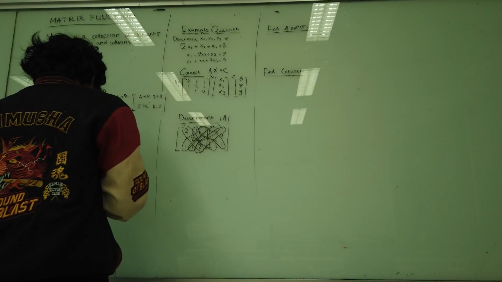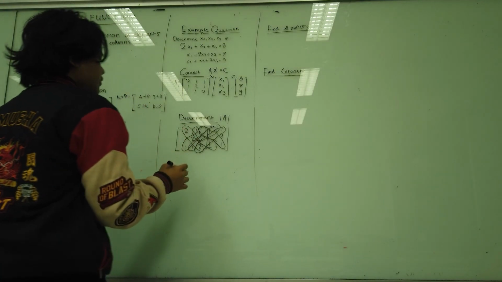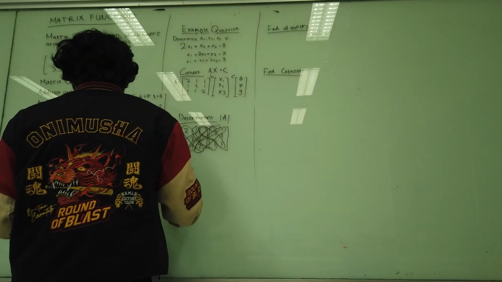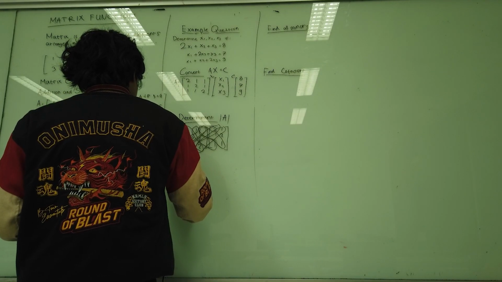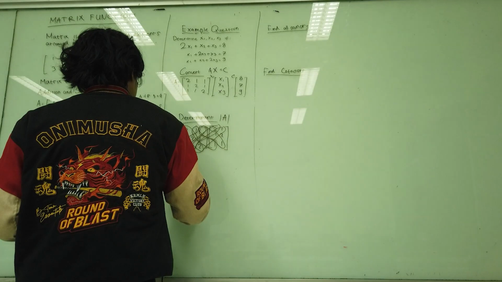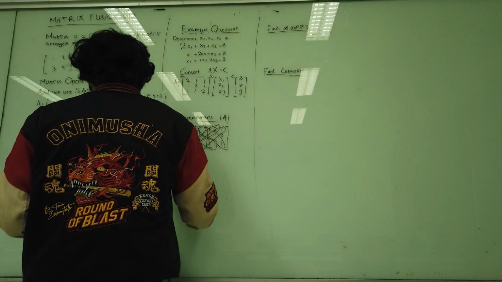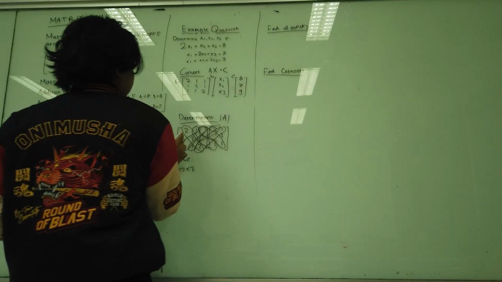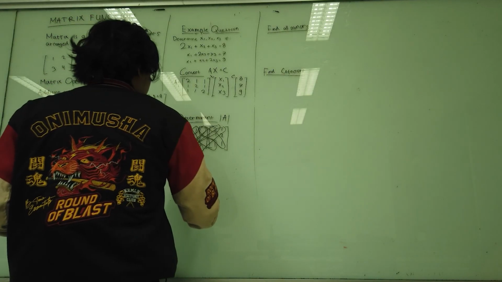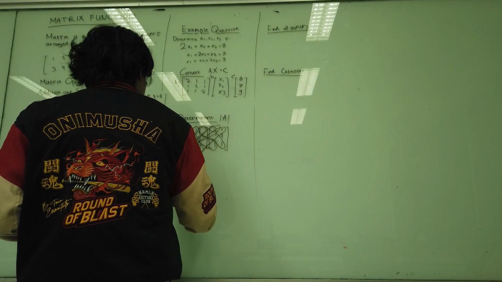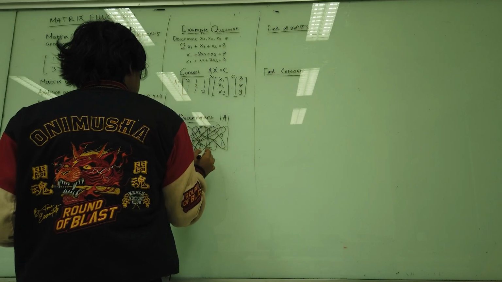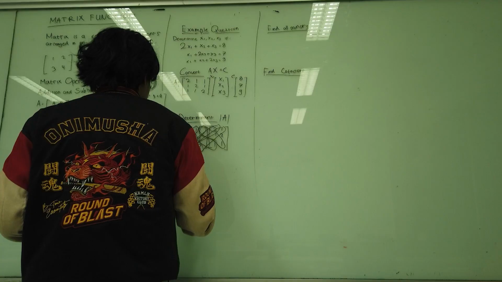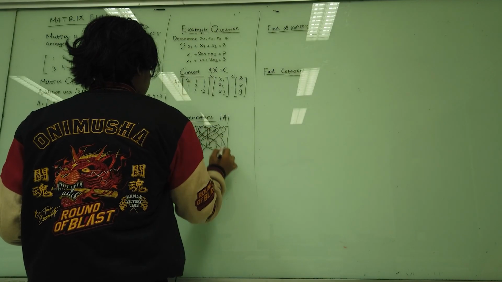So for the positive diagonals, which go down from left to right, we get: 2 times 2 times 2, which is here, and then 1 times 1 times 1, which is here, and lastly, 1 times 1 times 1 as well.